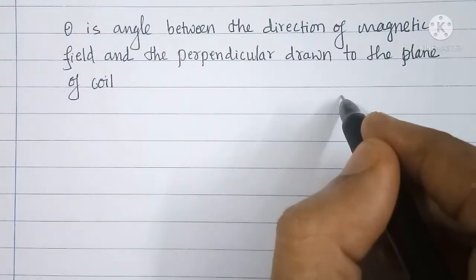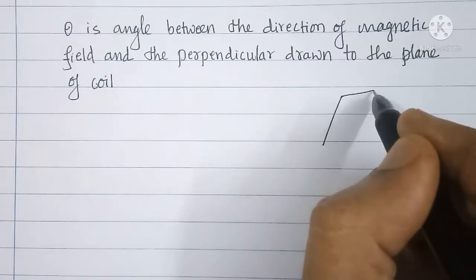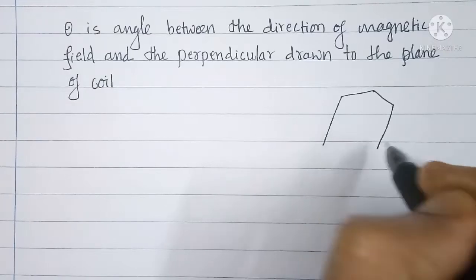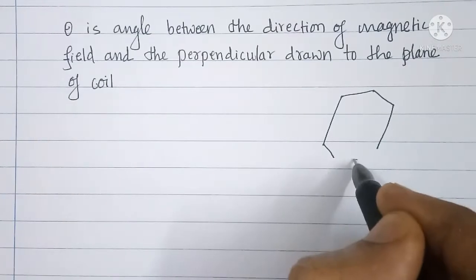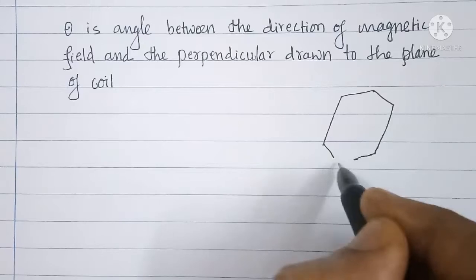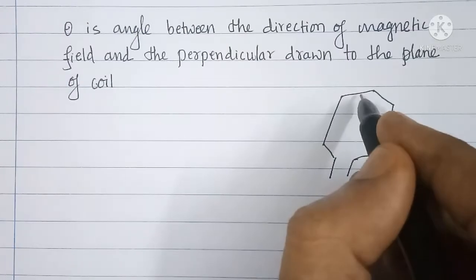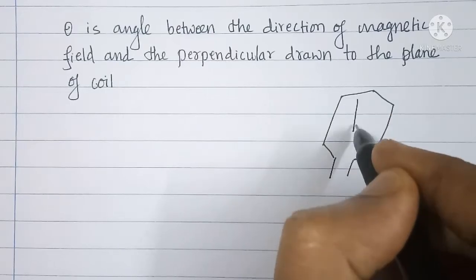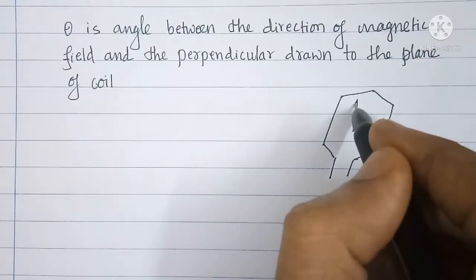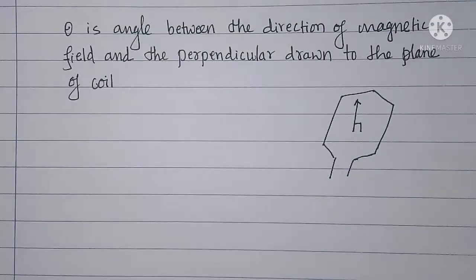That is, if it is plane of coil, perpendicular to the plane of coil, we have to draw a line.